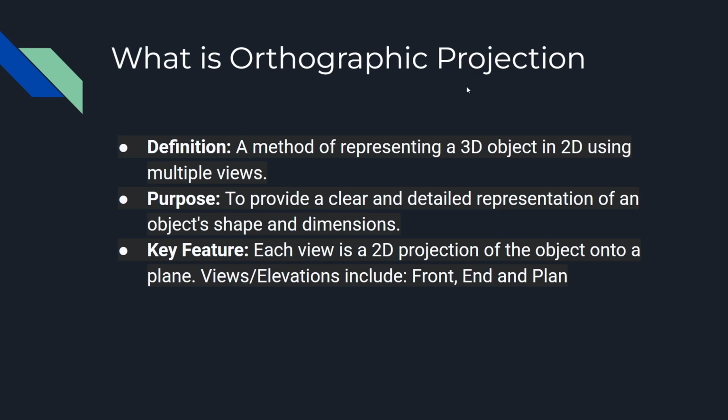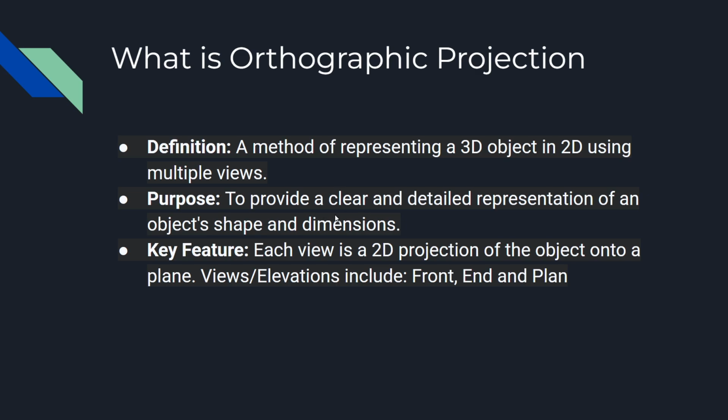We know that orthographic projection is a method of representing a 3D object in 2D. So it's just like the previous types of pictorial drawing, right? The only difference is you use multiple views or you use multiple drawings to represent these objects, right?